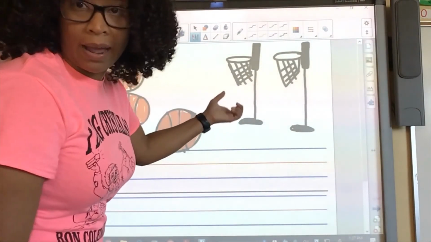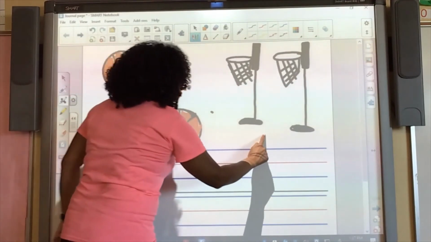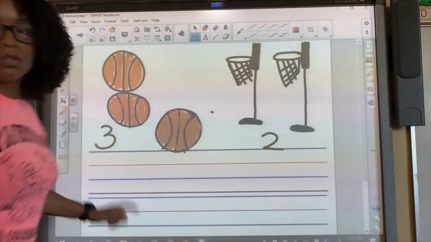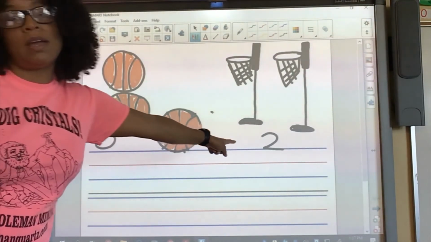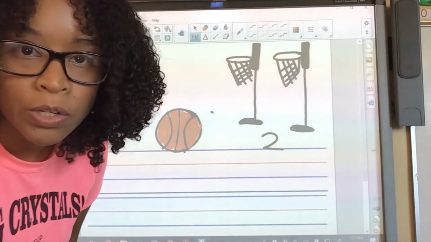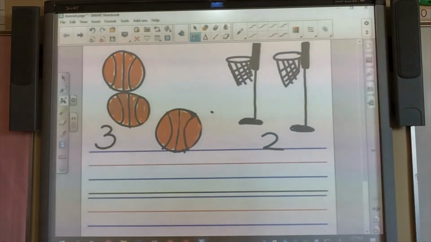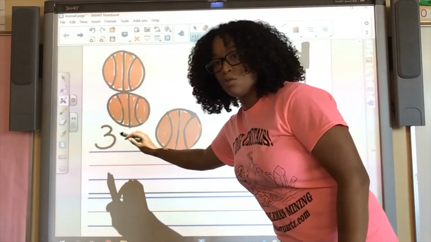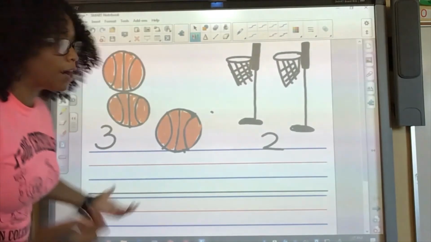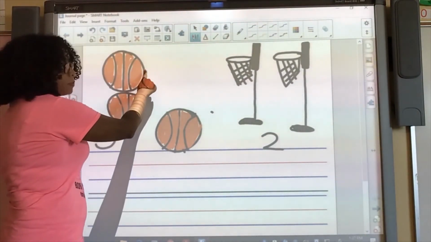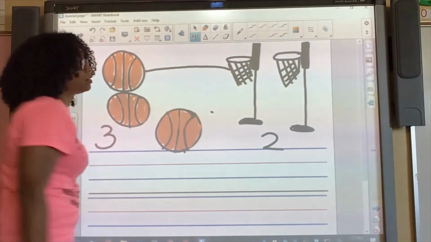Let's count how many we have and write the number. We have 1 and 2. Okay, so the 2 numbers we have are 3 and 2. Which number is greater? Which number is more? Which number is bigger? 3. 3 is greater than 2. Let's connect partners and make sure we're right. Here's our first basketball. Does it have a hoop partner? Yep, right here.